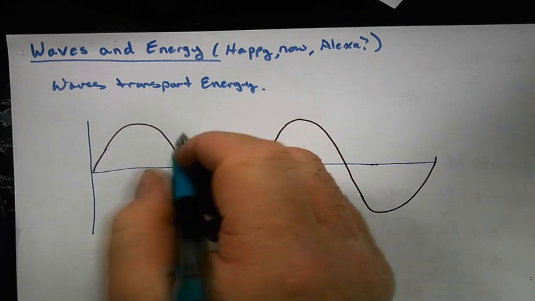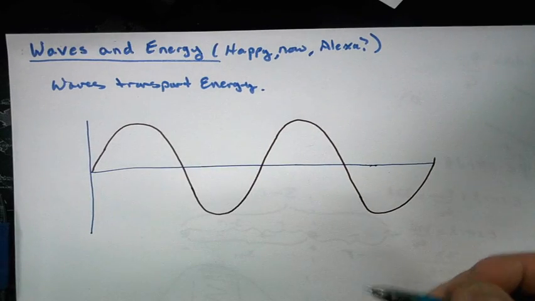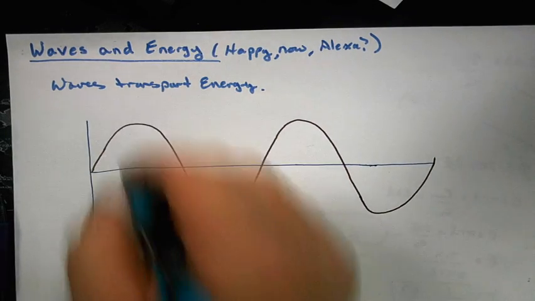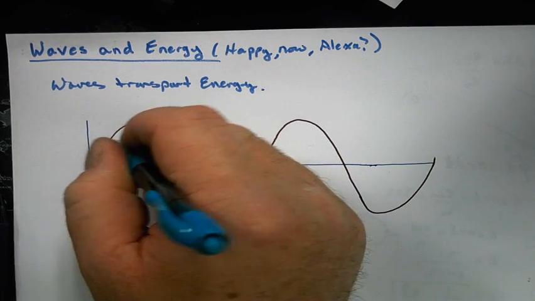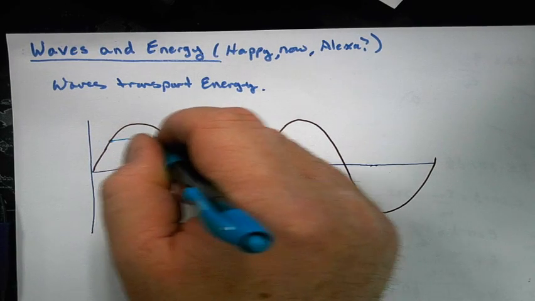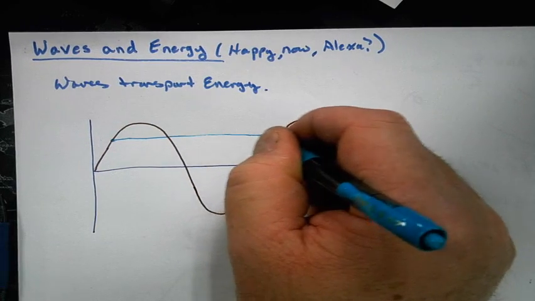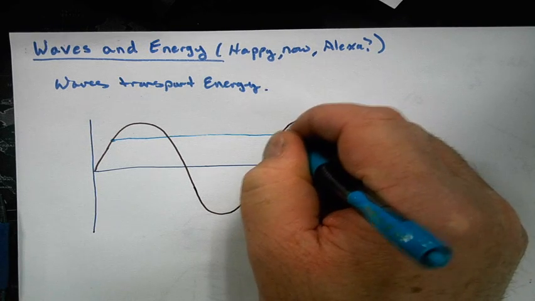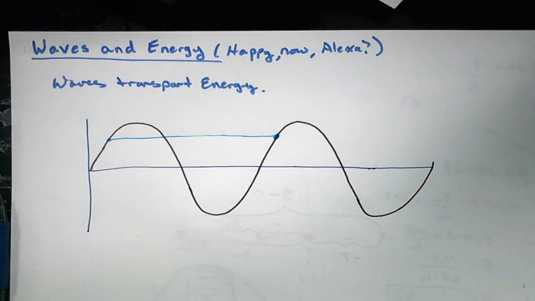So the first thing we're going to define is called a wavelength, and a wavelength is the distance between two corresponding points on a wave.